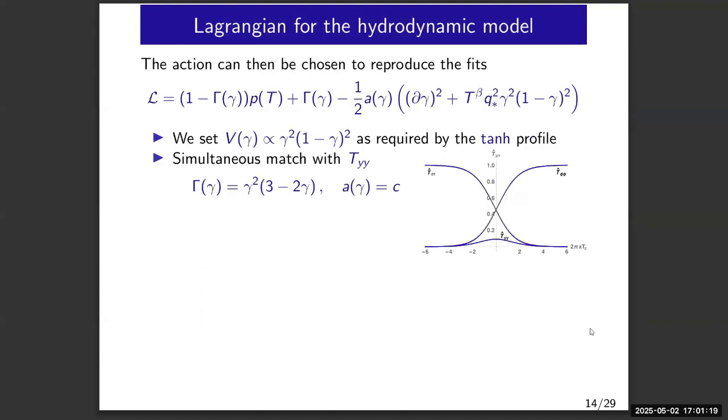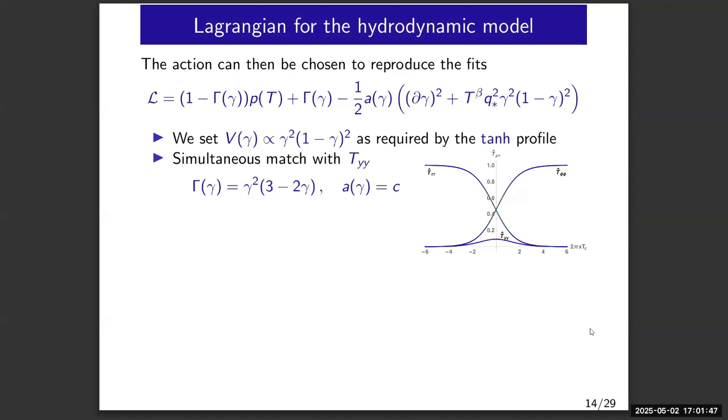And then what you can do is take this action and try to reproduce these nice fits. Here, the first step is that we set this potential for the order parameter to have this double well structure. This is basically required to obtain this hyperbolic tangent profile as a solution of the equation of motion for gamma.